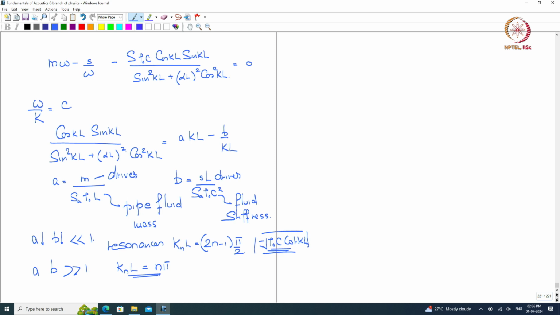Okay. So in the expression pressure equal to some constant into cos k L minus x sin k L, sin k L going to 0 is not realistic unless the piston side of the system is accounted for.